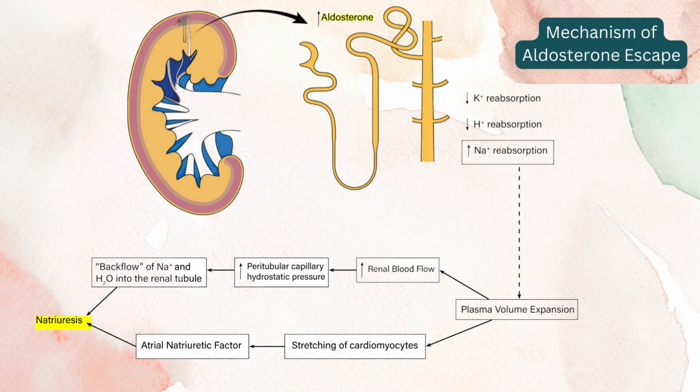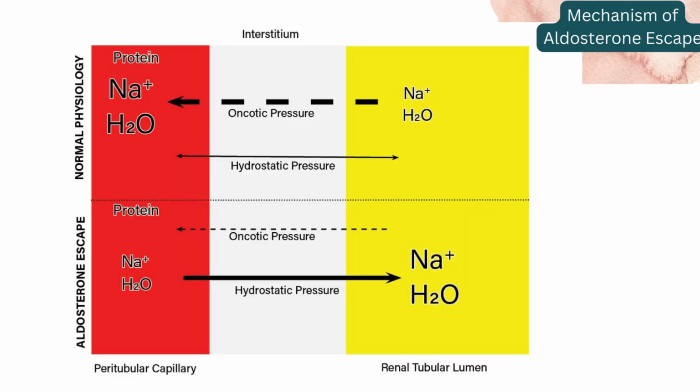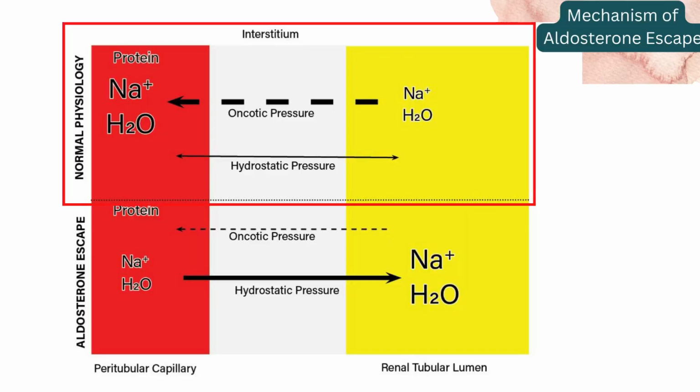Next, we will review the role of Starling forces in the pathophysiology of aldosterone escape. Under normal physiological conditions, sodium and water are reabsorbed from the renal tubular lumen and transported into the interstitium. Starling forces subsequently define the gradient of movement of sodium and water from the interstitium into the peritubular capillaries and subsequently the systemic circulation.